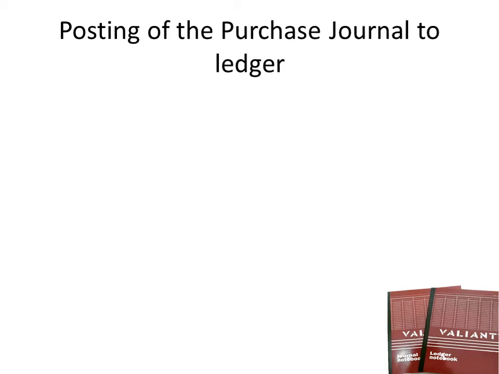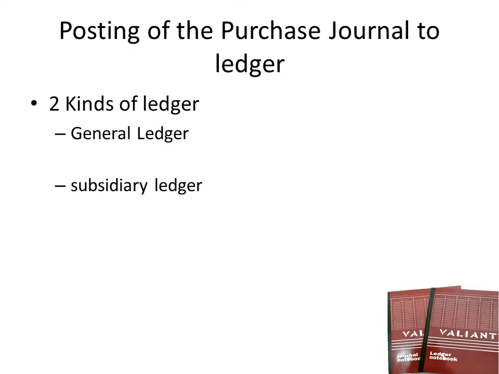So how do we post the purchase journal to our ledger? Take note that we have two kinds of ledger: the general ledger and the subsidiary ledger. The general ledger is usually our umbrella account, so it contains information on all the accounts, meaning cash, accounts receivable.